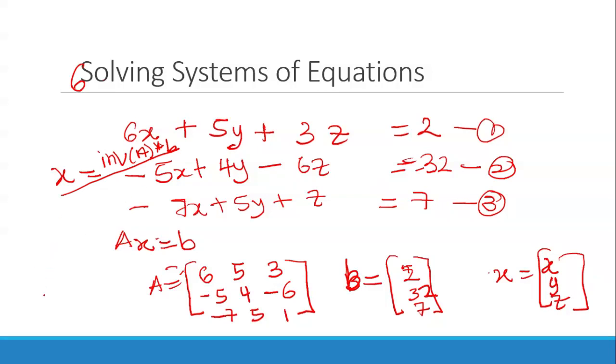Now the second method is x is equal to A, then we use the backslash operator multiplied by B. So now this is the second method for solving the simultaneous equation.